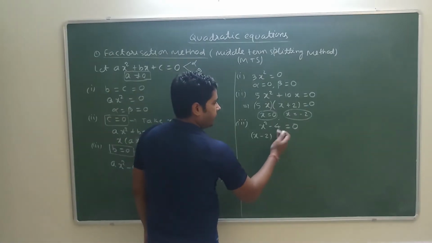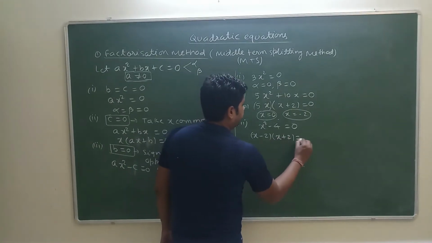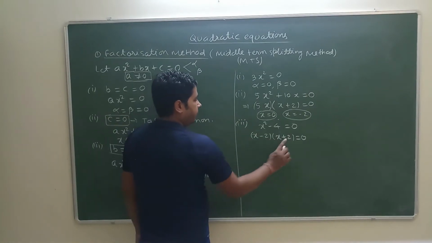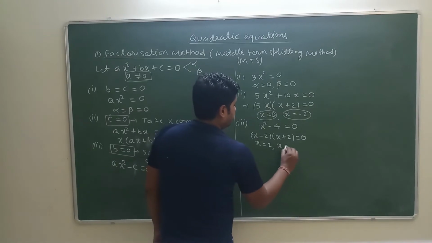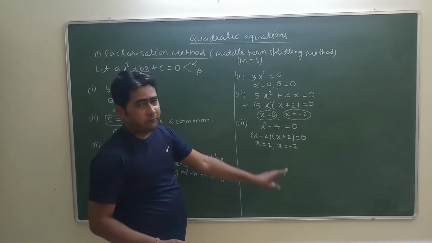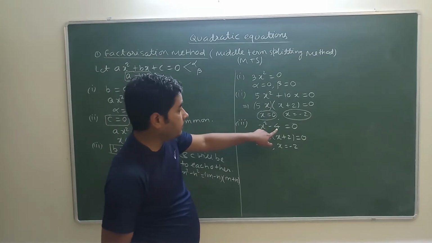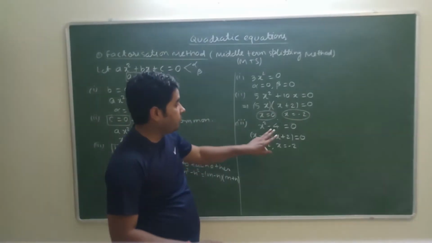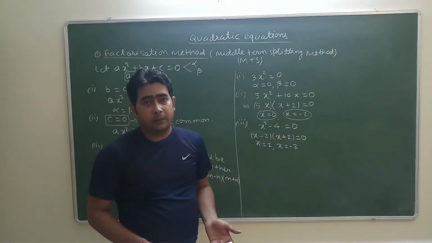You can write this 4 as 2 square, so it will be x minus 2 into x plus 2, which is equal to 0. Then you will equate these two factors with 0. You will get x is equal to 2 and x is equal to minus 2. These will be your alpha and beta. Now you have seen that this constant term is a perfect square number. I have taken that constant term as a perfect square number. Suppose this constant term is not a perfect square number, then what will happen?